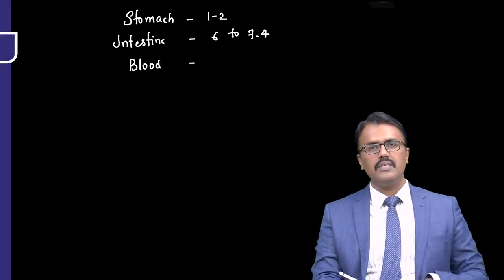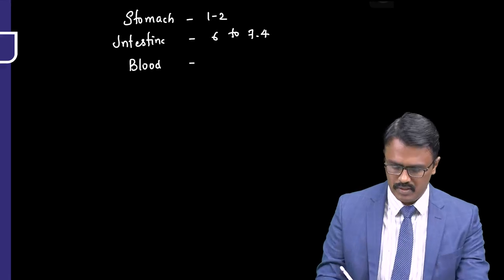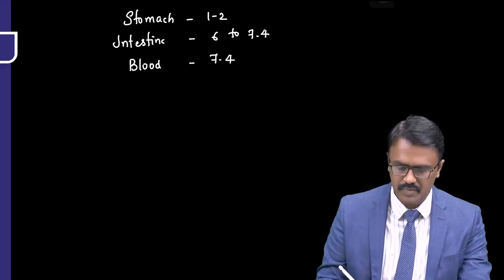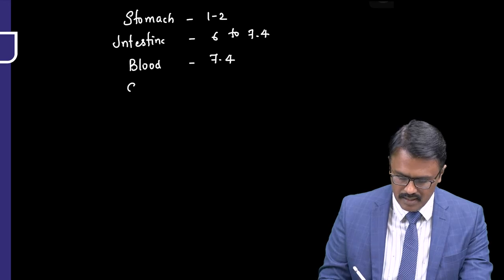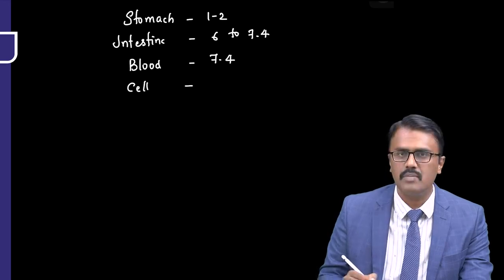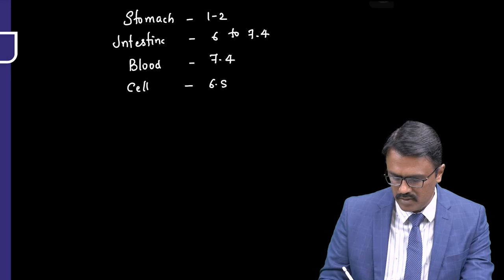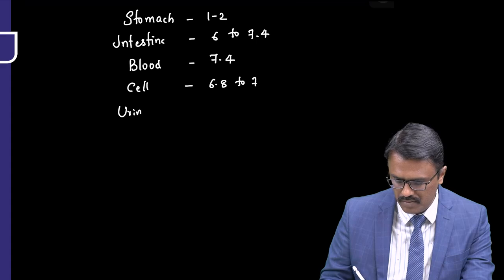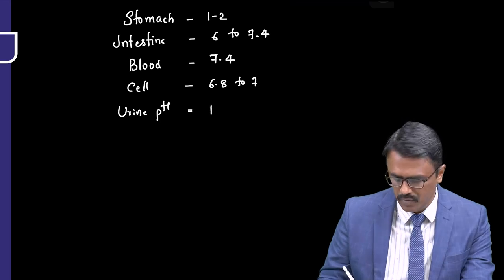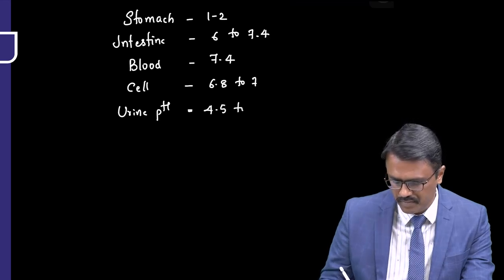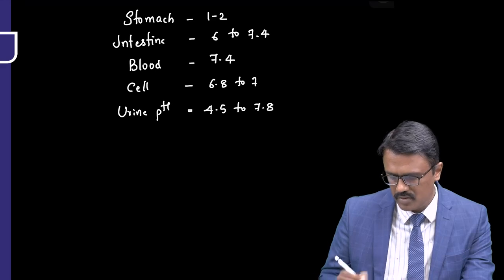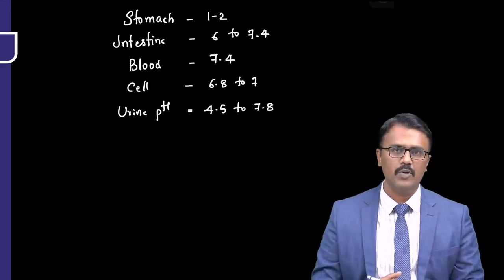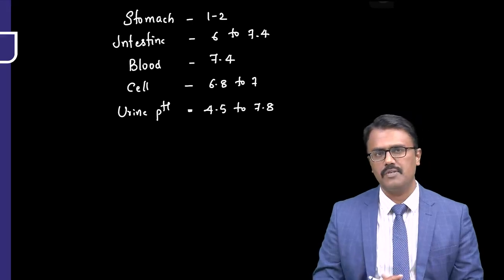The normal blood pH is around 7.4, that is a neutral one. Inside the cell, the pH is between 6.8 to 7. And the urinary pH ranges from 4.5 to 7.8. So we have various fluids in the body which have different pH.